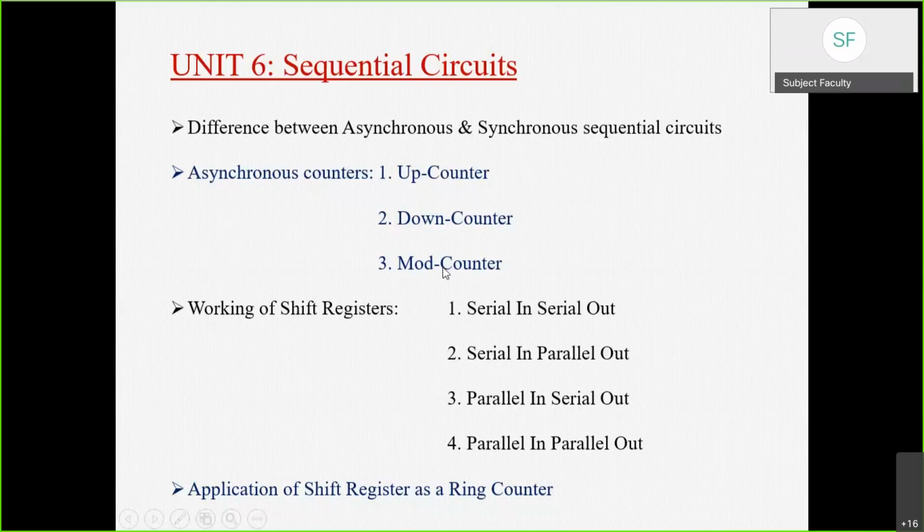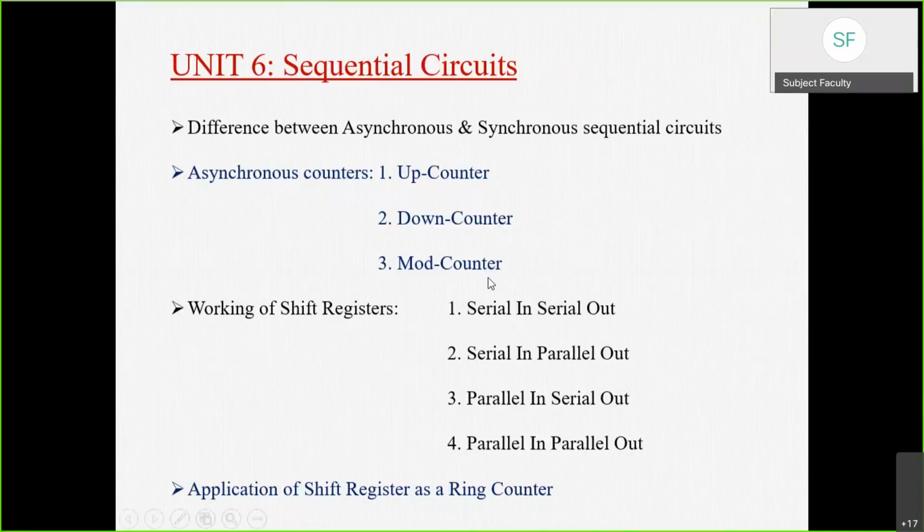So if you want a mod 10 or mod 6 counter, then also you design it with the help of a mod counter. So basically mod counter is nothing but either an up counter or a down counter, but just an additional combinational circuit has been used in the mod counter. Generally, this mod counter will have some combinational circuit in the form of logic gates.